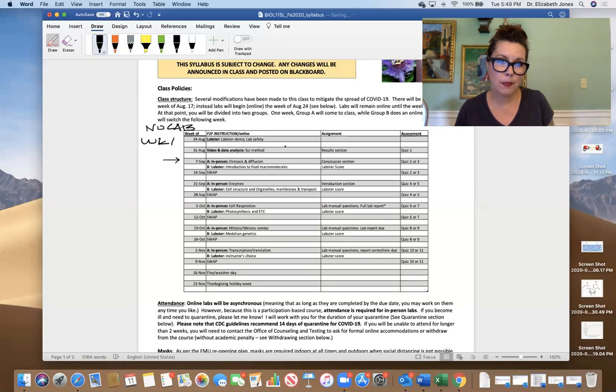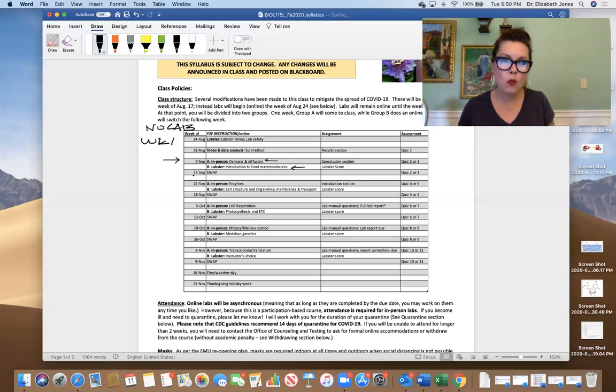And so, for example, the week beginning September 7th, Group A will come to class in person and they will perform this experiment, while Group B remains at home and does an online laboratory using that Labster platform I just told you about. The following week, we will swap. So everyone's going to do the same things, it's just that the opposite group will be in person.